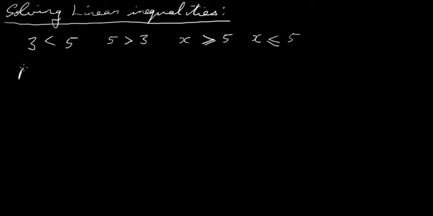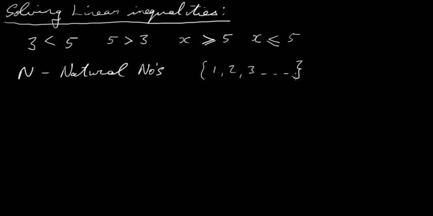We're going to first of all look at the symbol N, which stands for natural numbers. Natural numbers are just the positive whole numbers, so 1, 2, 3, and so on. They're all your natural numbers. Another symbol we're going to use is Z, and that stands for integers.